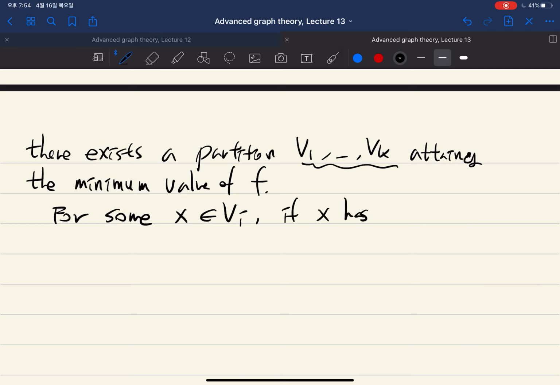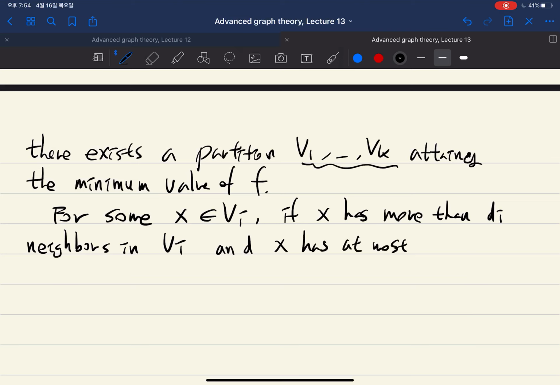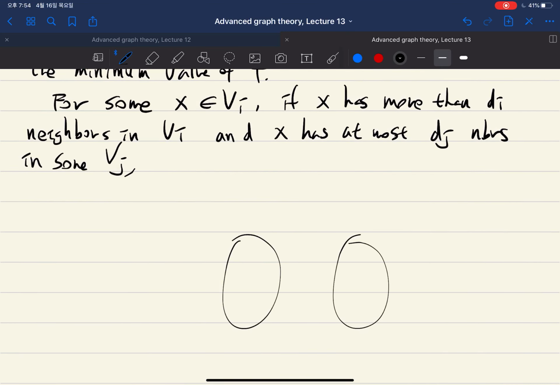Suppose x has more than d_i neighbors in P_i, say d_i plus 1 neighbors, and x has at most d_j neighbors in some P_j. Then we can just move it to P_j.